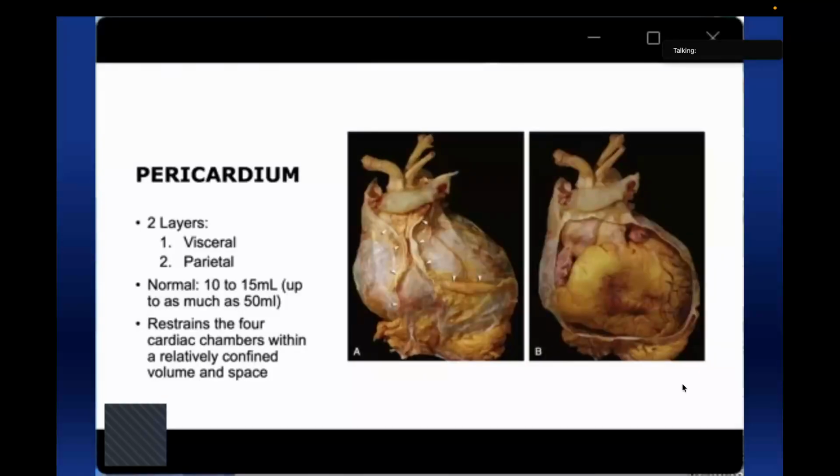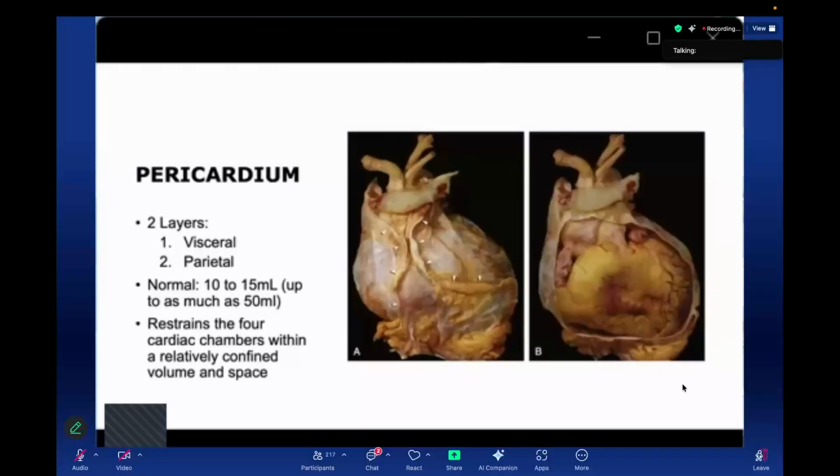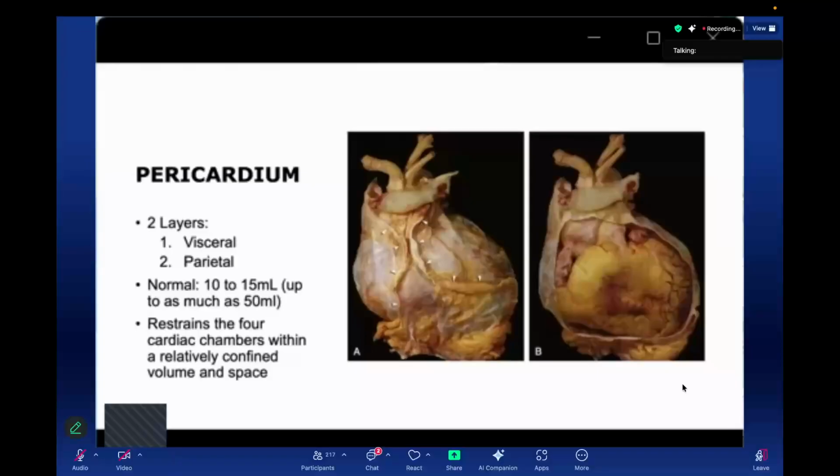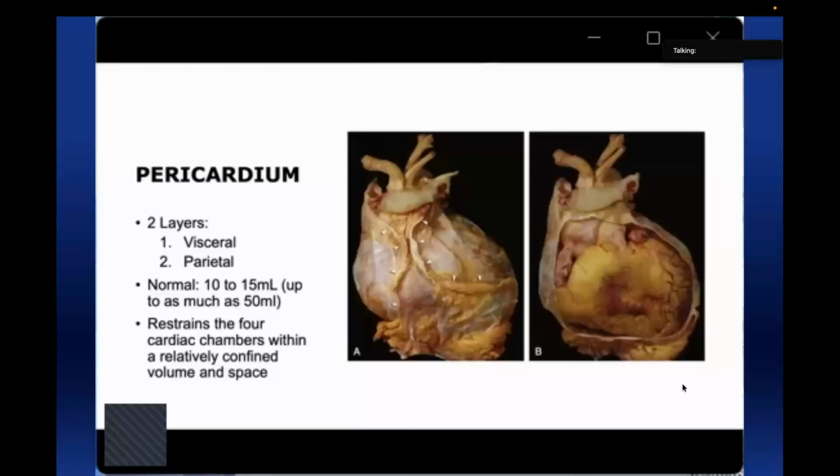The pericardium restrains the four cardiac chambers within a relatively confined volume and space within the thorax. Because of this constraint, the total volume of the four cardiac chambers is limited, and changes in the volume of one chamber must, by necessity, be reflected in an opposite change in volume of another chamber. Okay? And the linking of the intracardiac volumes will be the basis for the changes in the pathologies we will be tackling later.